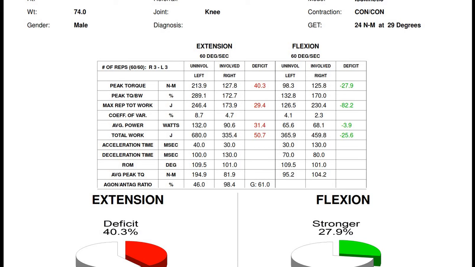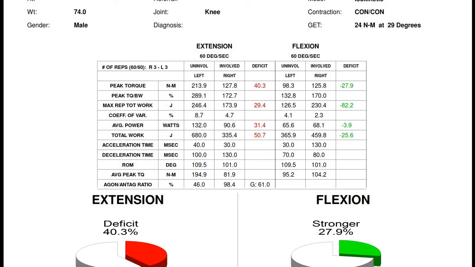It's possible, and this is pure speculation here, that the increase in the strength of the right knee flexors, or the injured knee flexors, has occurred as a product of the injury. So you injure your muscle, or you have an injury to an area that the muscle works around, so this muscle doesn't get used so much.